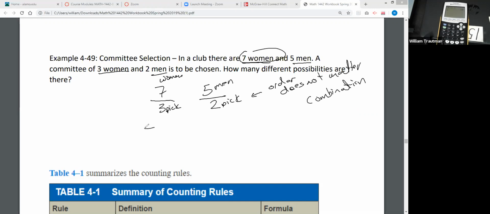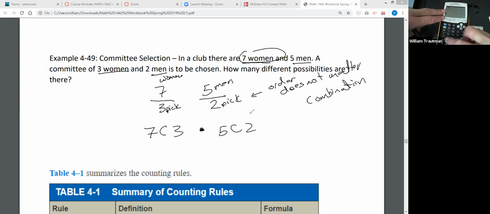So here we have 7 and we're picking 3. Here we have 5 men and we're choosing 2. Just like before, we're going to find this number of choices and then multiply it with this number of choices, because we're picking 2 separate categories. First, we're picking women and then we're picking men. So on my calculator, I'm going to type both of those in.